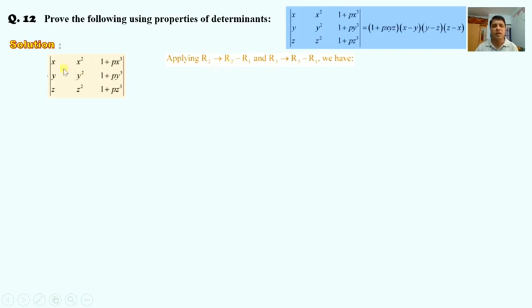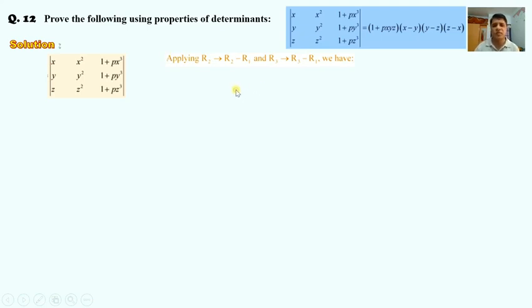So R2 minus R1 and R3 minus R1. You can also do R3 minus R2, or R2 minus R3, and R1 also can be written here, but at once you will be applying only two operations maximum for this subtraction.